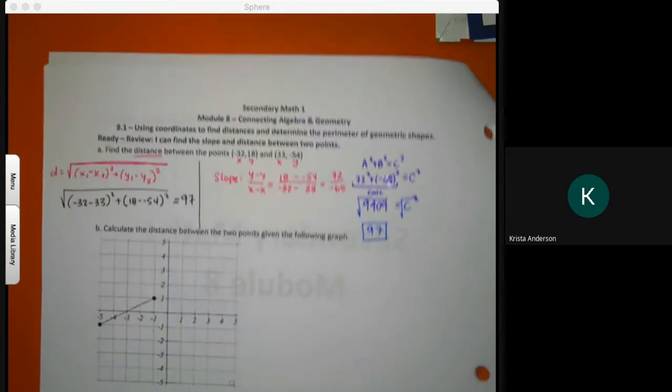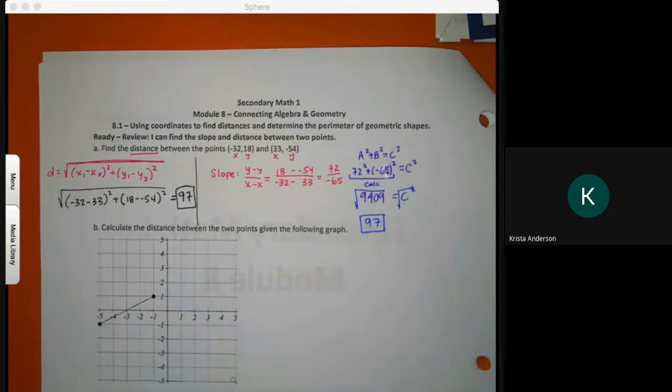Both will give you the correct answer. Questions on that one? No? You understand at least one of them? One of them you're like, cool, I can do that.